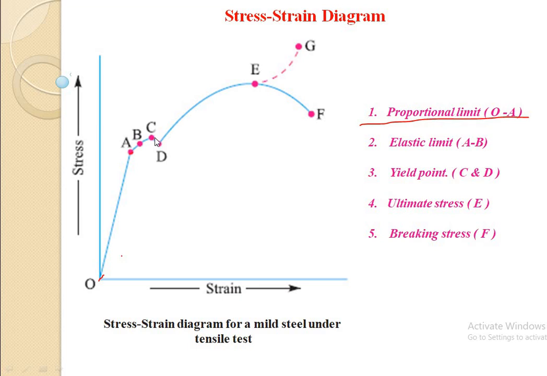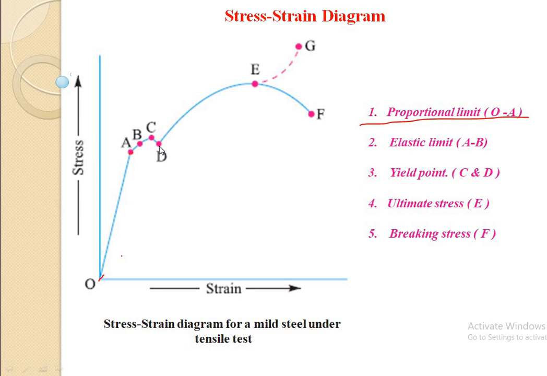Now at point C, the material yields before the load and there is an appreciable strain without any increase in stress. In case of mild steel, the load drops to D immediately after yielding commences.